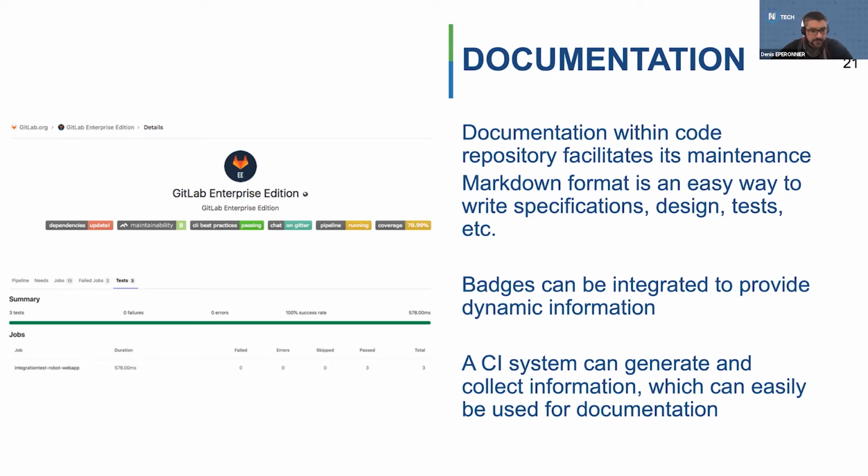The nice thing with a CI system is that you can also include some more dynamic information badges. In this case, you can have the status of your pipeline, some index for the maintainability, information about the test coverage, and you can even combine it with a view on your test results. The CI system can really help to collect and even generate this information, making it even easier to document your code.